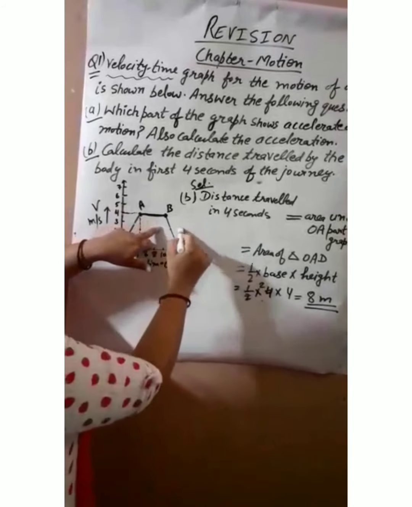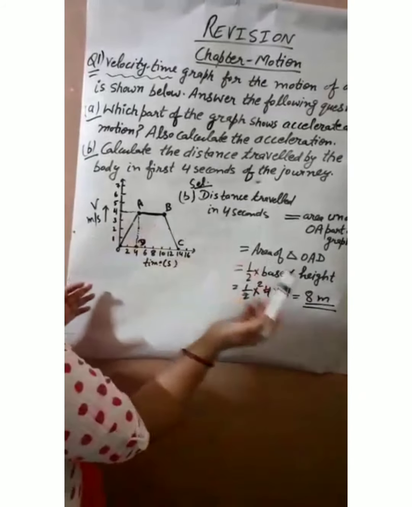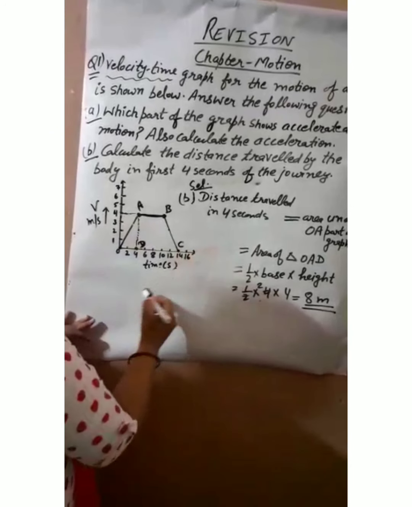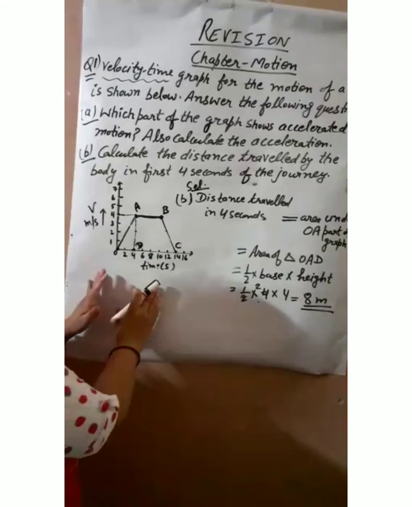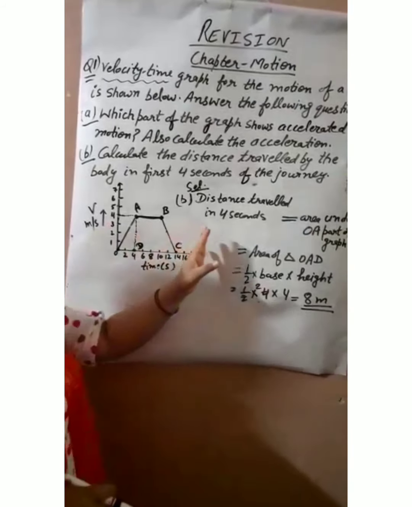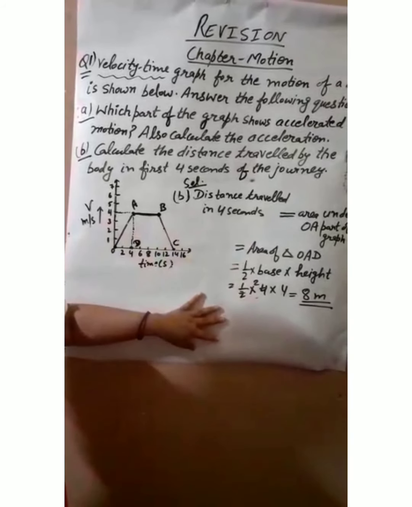So the BC region shows the deceleration, and with the same formula, a is equal to v minus u by t, you can calculate deceleration also. So like this, using graphs, we can calculate the acceleration, distance and deceleration of the body.